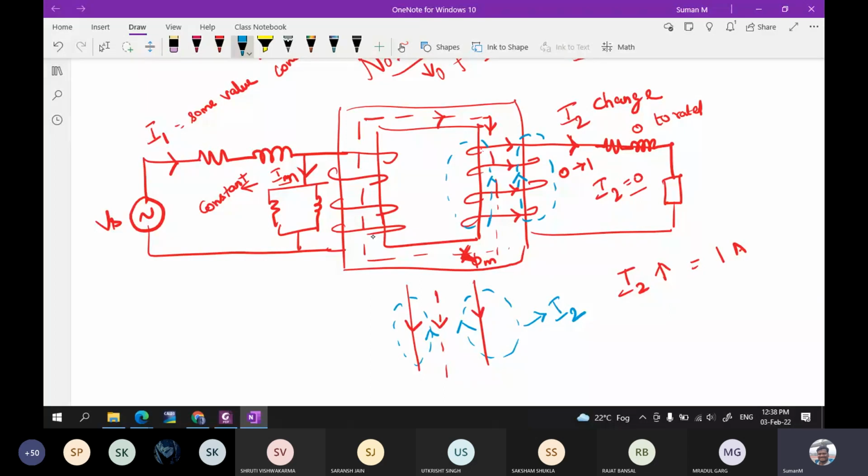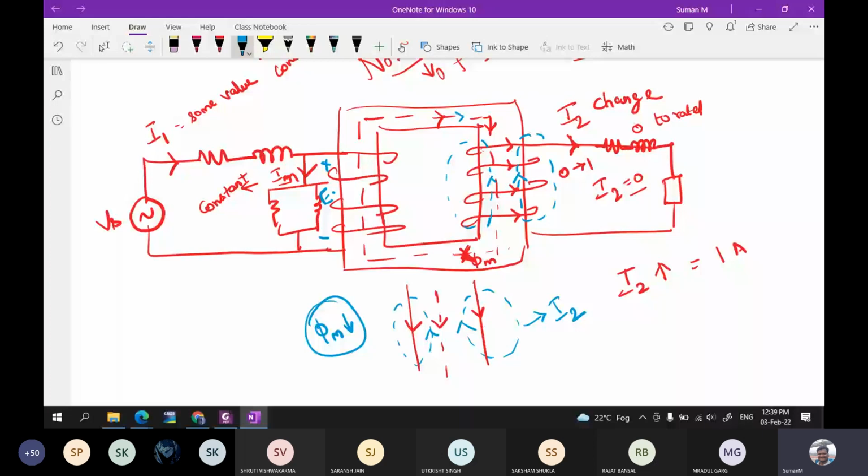The response will oppose the cause. Here the response is the secondary flux and the cause is the mutual flux. So the mutual flux will be opposed by the response flux, so the mutual flux needs to decrease. Then there was an E1, the EMF induced on the primary side.